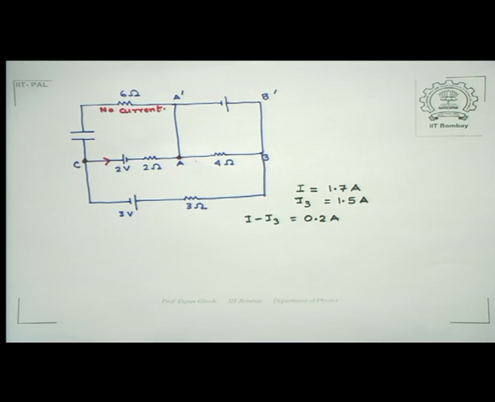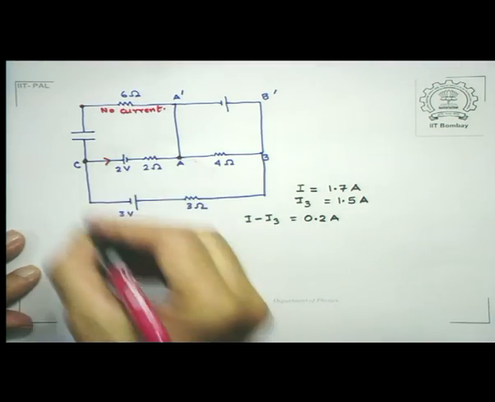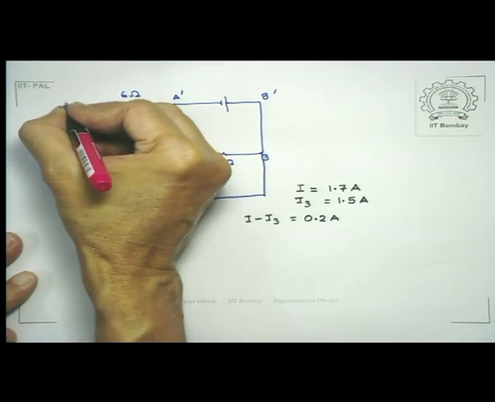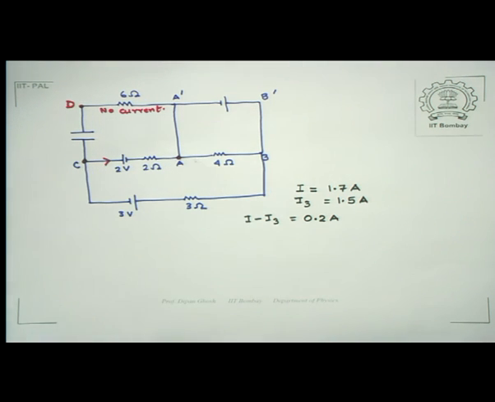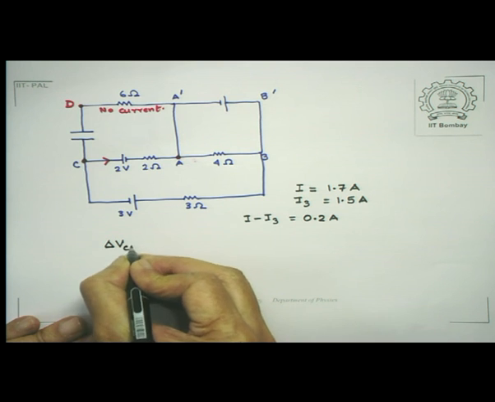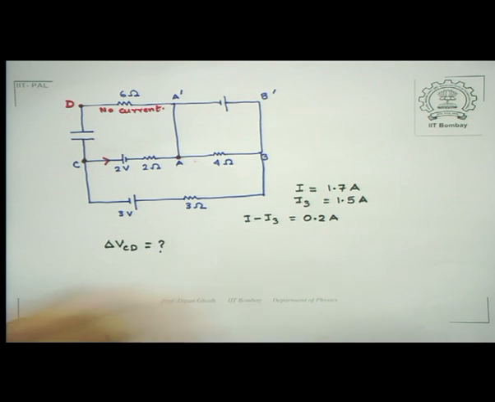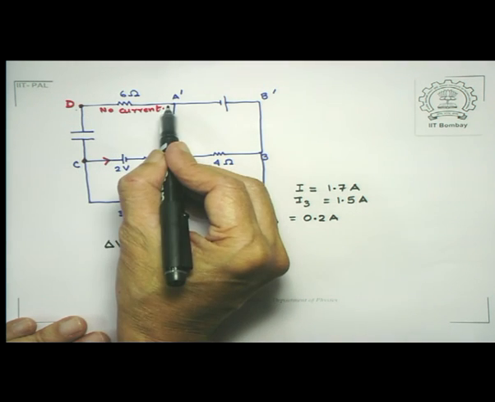Now my question is, what is the potential difference across the two ends of the capacitor? So let's call it D. So what is the potential difference across CD? Now this is fairly simple. Remember that in this section there is no current.